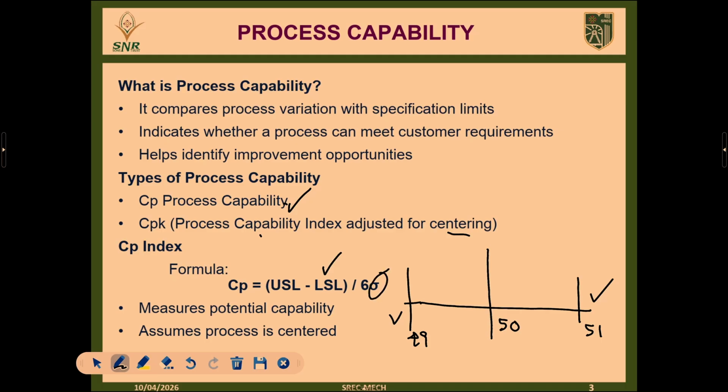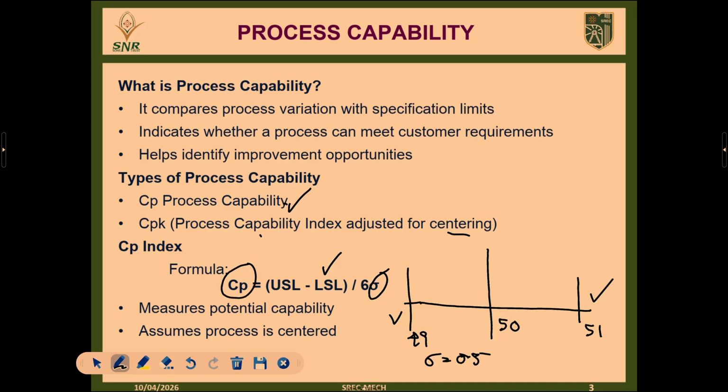Sigma value we have to have it for calculation. The sigma may be, for example, already calculated or expected variation is about, we can say, 0.5, sigma equal to 0.5. Now we are having all the details including the sigma value. Now we can calculate the CP.